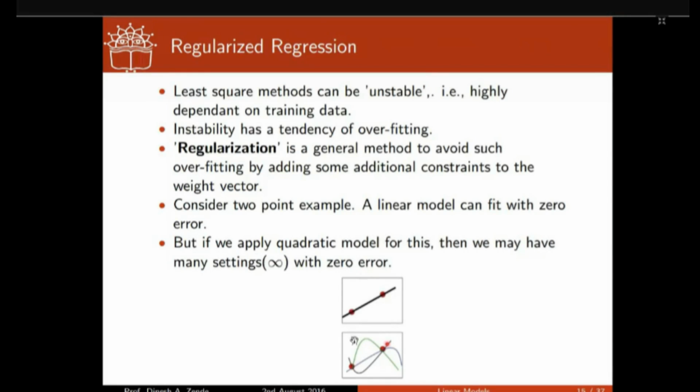If you have a complex model, look at this: if you have 2 points, then a linear model will go directly through these 2 points. We want to minimize the error, so we make it go through them. If you make the model more complex, you will have curves going through these 2 points. A linear model will fit with zero error, and if we apply a quadratic model, then by changing some parameters we can make that also fit with zero error.